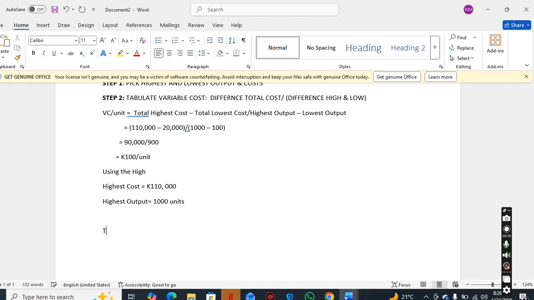Remember, colleagues, total cost equals fixed costs plus variable costs.